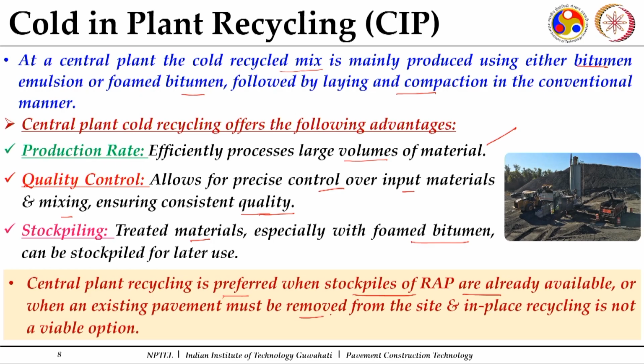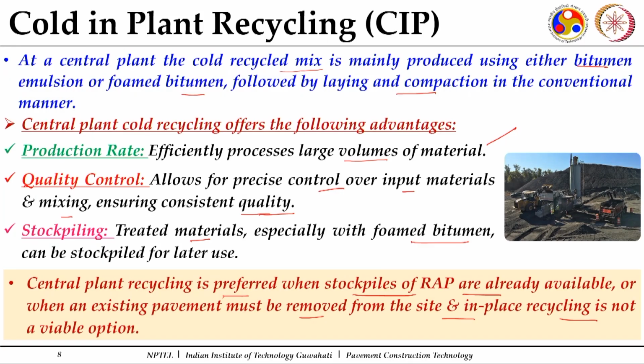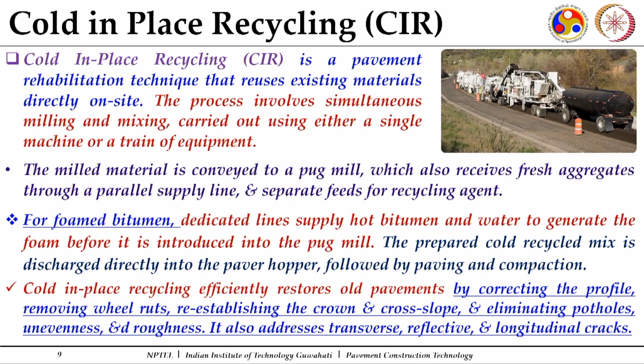It is also preferred when the existing pavement must be removed from the site and in place recycling is not a viable option. If all your bituminous courses have shown some amount of distress, then the entire layer has to be removed, and that may not be possible with cold in situ recycling. So that has to be brought to the plant, and then you produce the cold in plant recycled mixes.